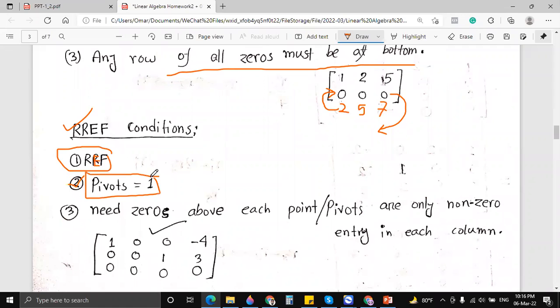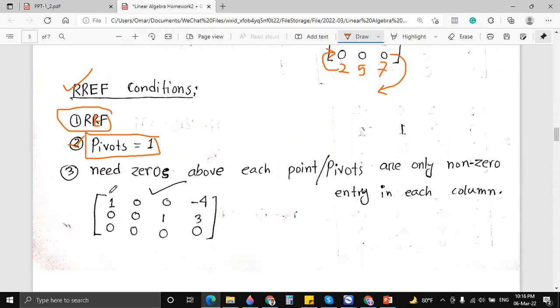All the pivot points need to be 1, right? Like here we have 1, and here we have 1. So in the pivot points we all have the value 1. And the third condition is we need zeros above each pivot, so pivots are the only non-zero entry in each column.